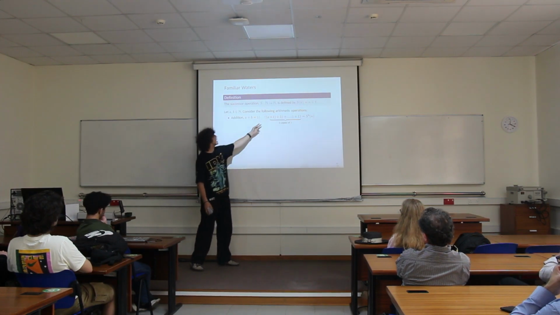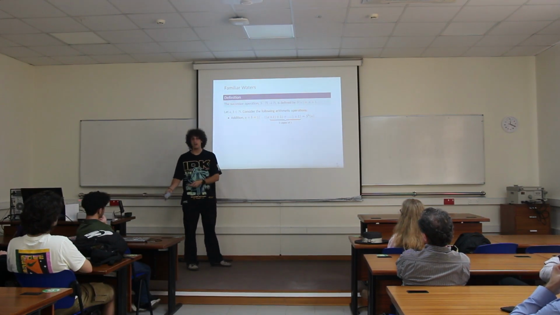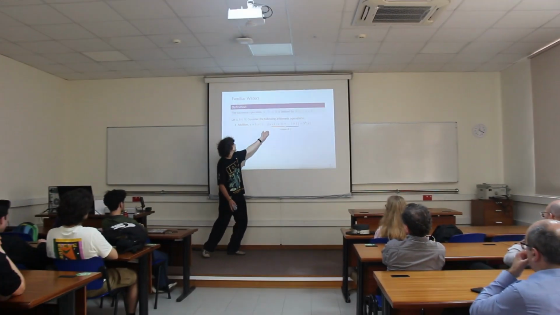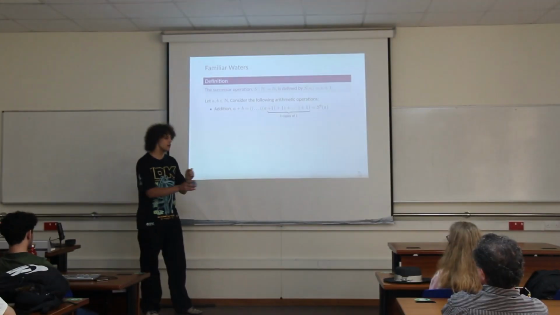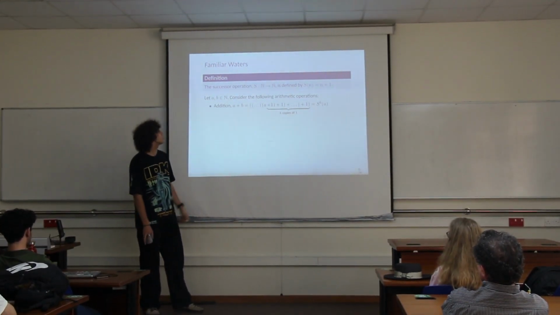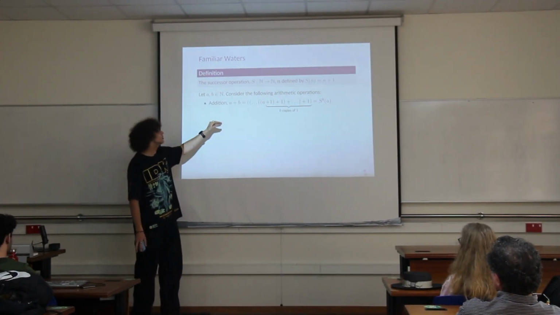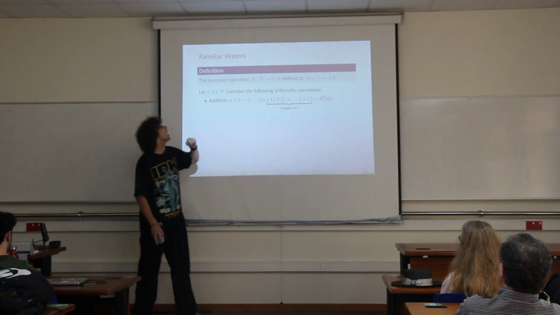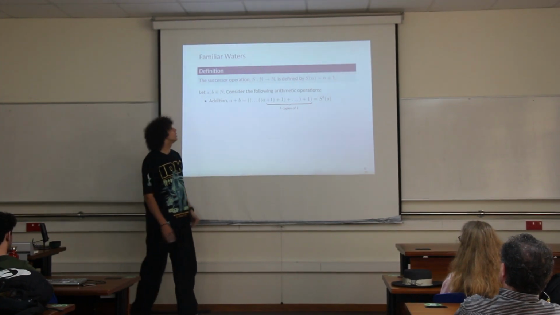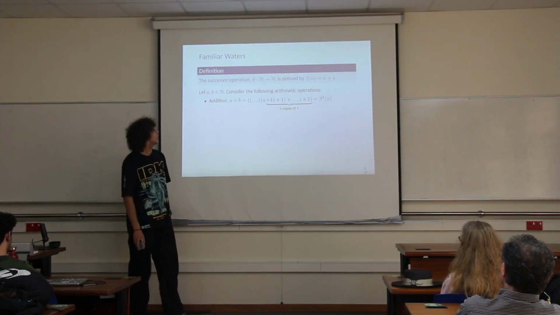So a plus 1, of course, that's just S of a. And then that output is moved to another plus 1, that's another S of a. So essentially, we can think of addition as just being a repeated succession applied to a.